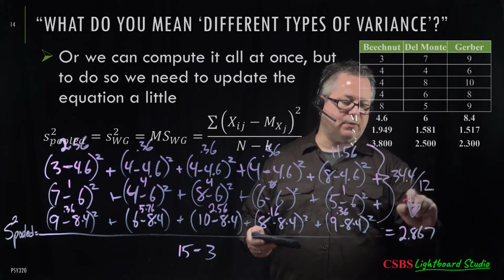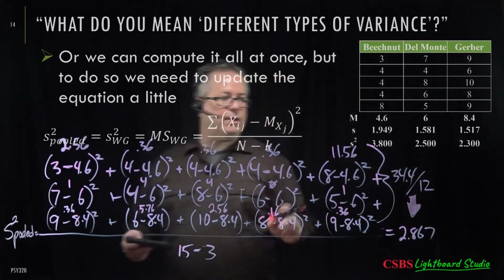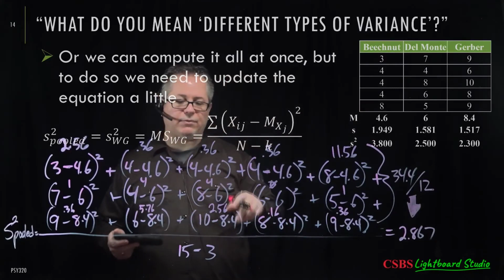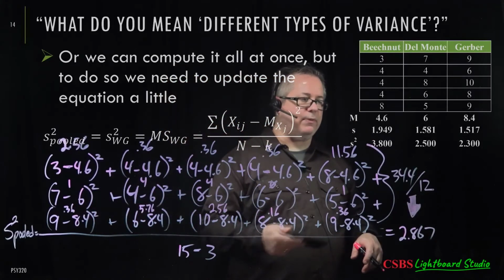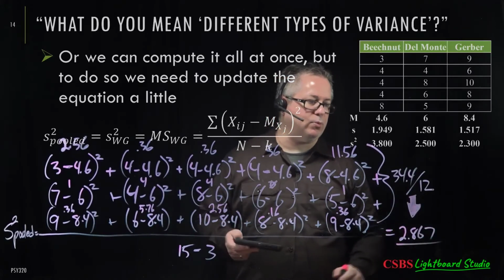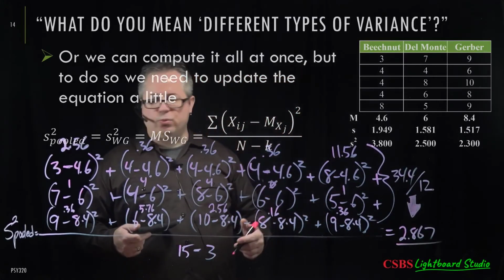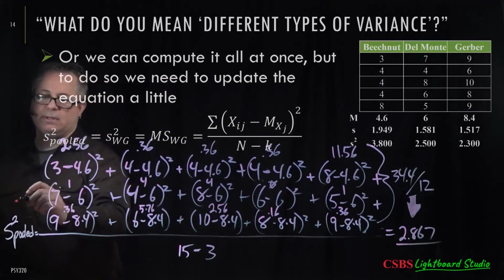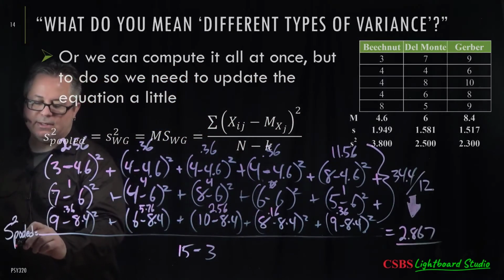All right, so doing it this way is the same process. Instead of trying to find 3 variances and then averaging them, we could just put it all into one variance estimate altogether and calculate the same pooled variance estimate. Remember, think of this as pooled variance, aka the variance within groups.